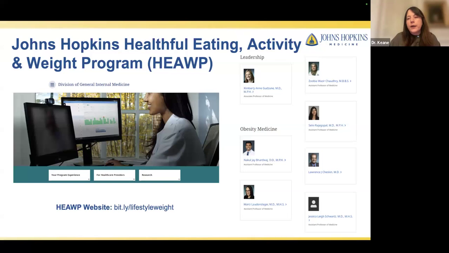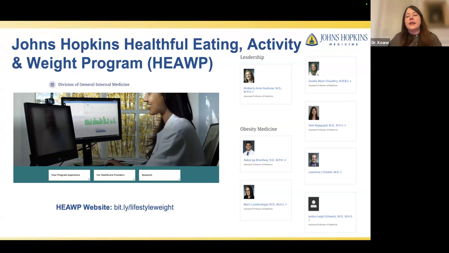Now, on the clinical side, there's one thing about doing the procedure, but we believe that follow-up is key to success. And we've embedded our program in a partnership with the Johns Hopkins Healthful Eating, Activity and Weight Program. This is quite a long title, and you can simply call it the HEAP Clinic.